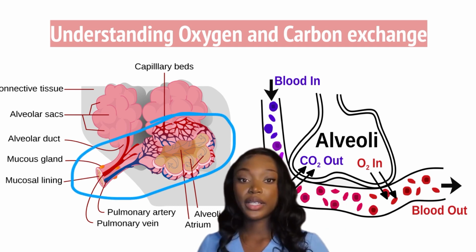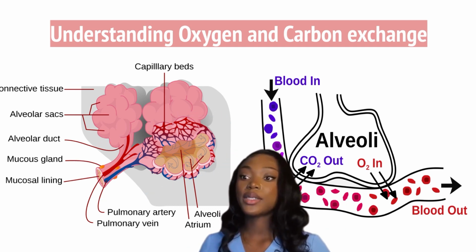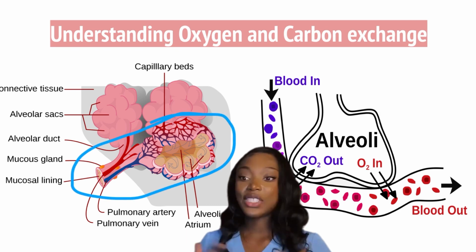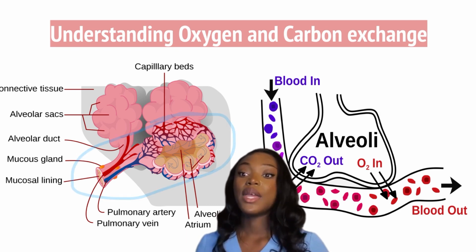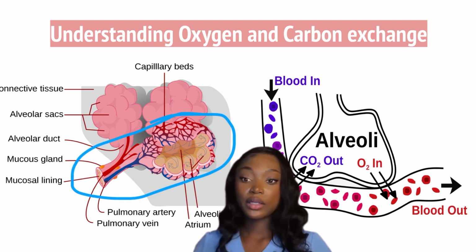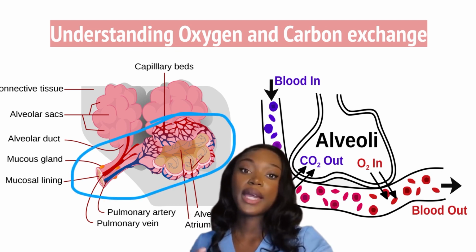So the alveoli, like I said before, are the primary sites of gas exchange in the respiratory system. They're really small, and they look like grapes, and they have thin walls, and they're surrounded by capillaries.